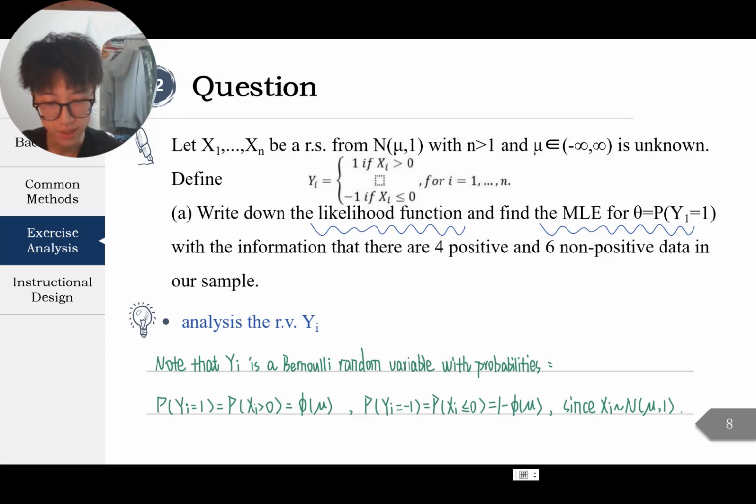The probability that yi equals minus 1 is equal to the probability that xi is less than or equal to 0. Then we just set the first probability to be phi of mu and the second probability to be 1 minus phi of mu.